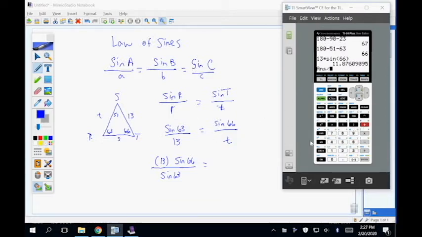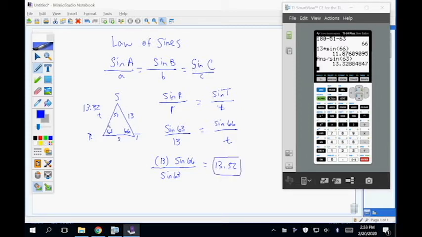Divide that by sine 63, and we get 13.32. So that is going to be the side length of side T.